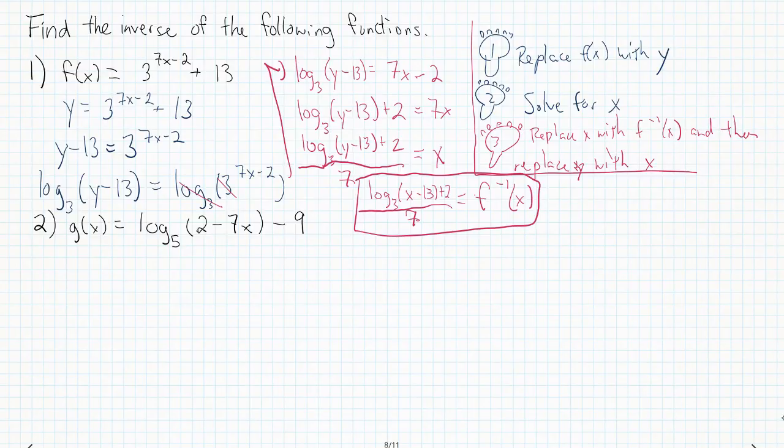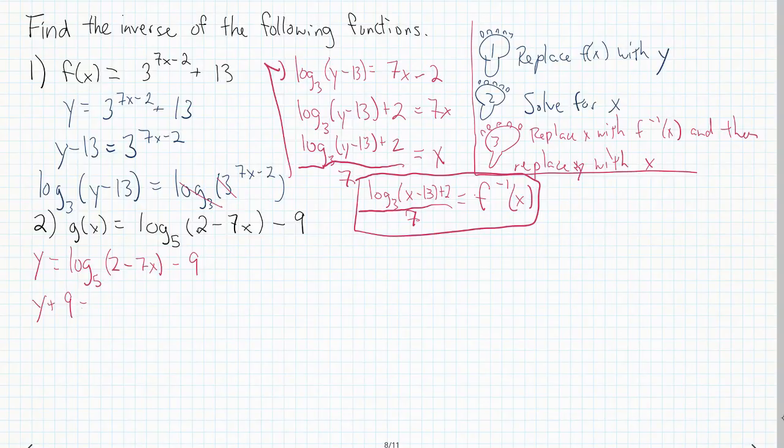We're going to do the next one, except instead of f of x, we have g of x. Same song and dance though. We have y equals log base 5 of 2 minus 7x, minus 9. Now our next step is to solve for x, so we add 9 to both sides. y plus 9 equals log base 5 of 2 minus 7x.